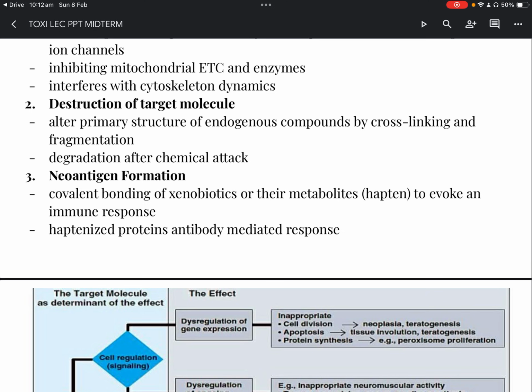These haptenized molecules will evoke an immune response. Once there are haptenized proteins or molecules, there will be an immune response, usually a carcinogenic or neoantigenic effect.